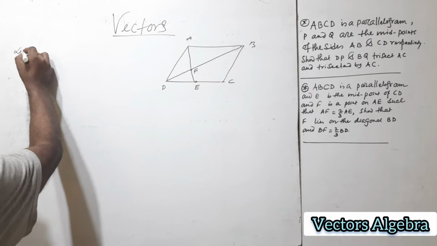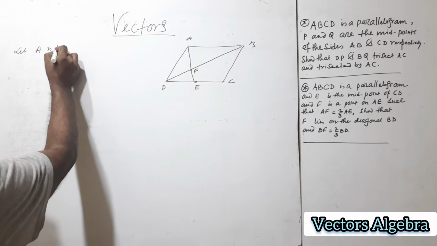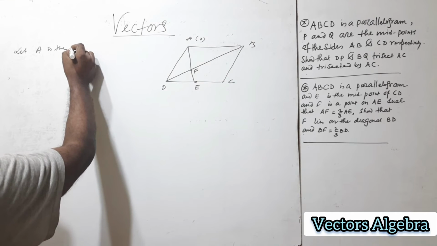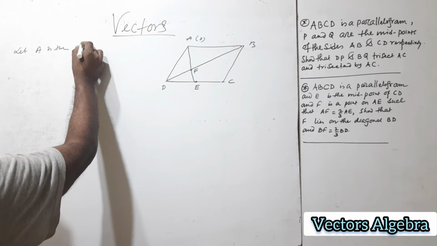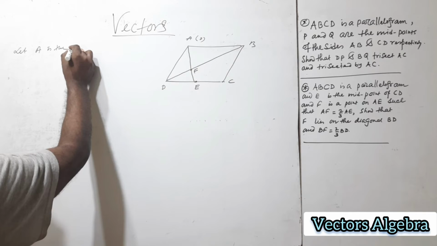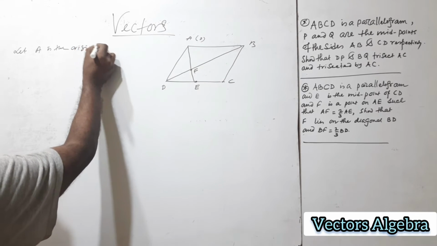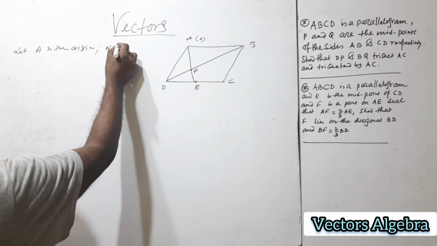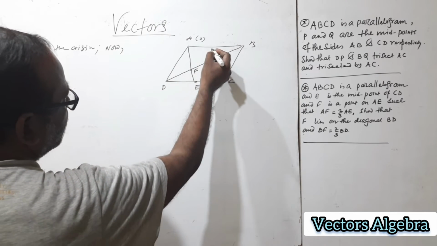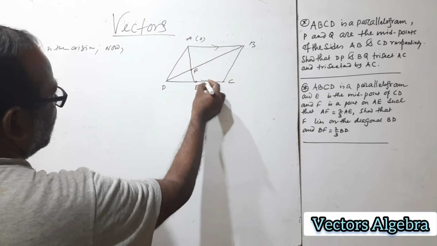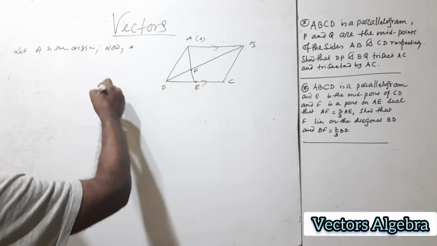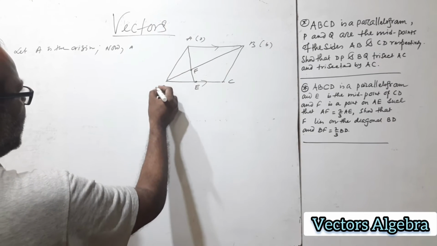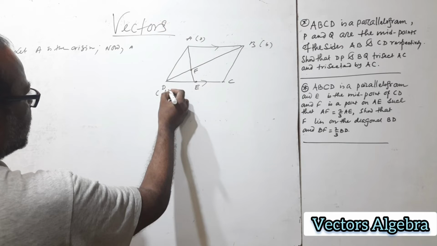Let A be the null point, origin. Therefore, the position vector of B, let us assume as b, position vector of D as d.